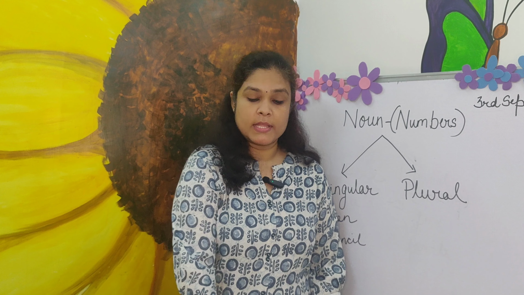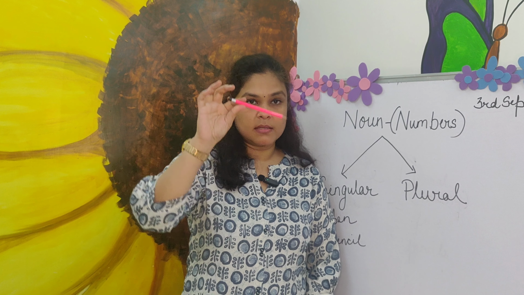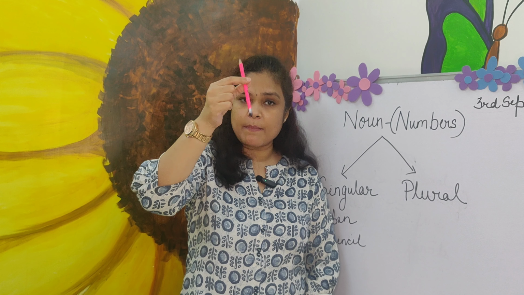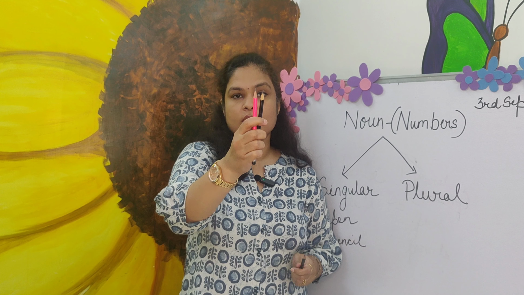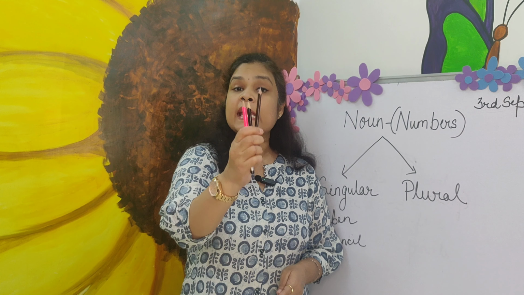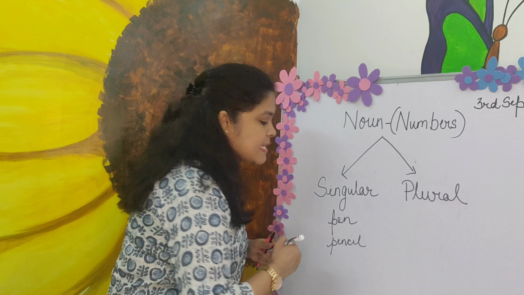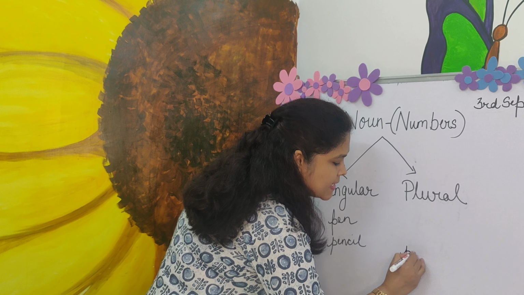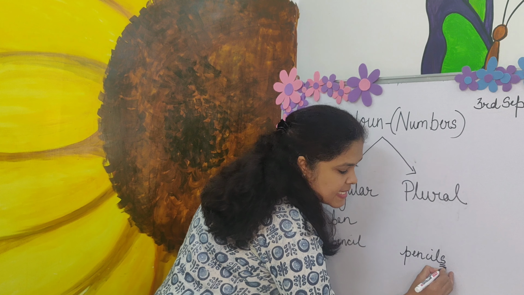Let us understand with the help of an example. What is this? This is a pencil. It's one, right? If you can see, what is the number? It's just one pencil that ma'am has. Now ma'am has more than one pencil. So if more than one means two or maybe three, now I will be calling them pencils, right? One is pencil and more than one is pencils.